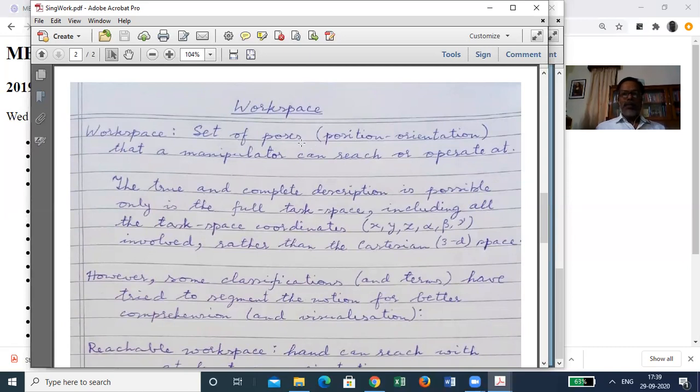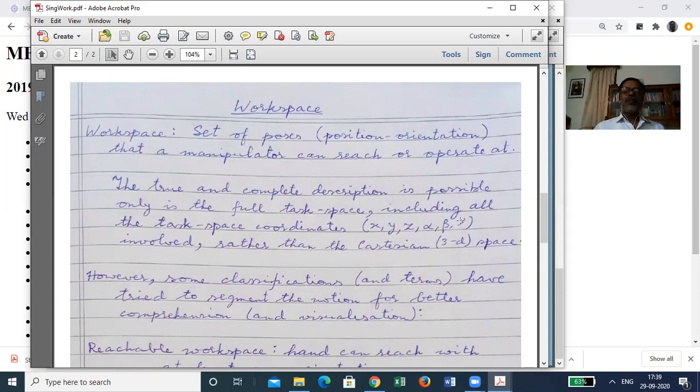And then there are some fine distinctions that have been made by people in the literature, and those fine distinctions had to be made because the true and complete description of the workspace is actually possible only in the full task space, which is the space of x, y, z and alpha, beta, gamma. If you can operate in a six-dimensional space of x, y, z and alpha, beta, gamma, and that is not Cartesian space anymore because the angles make it troublesome.